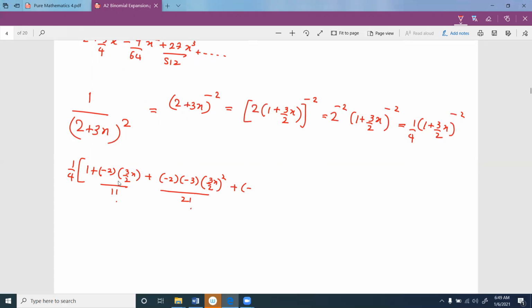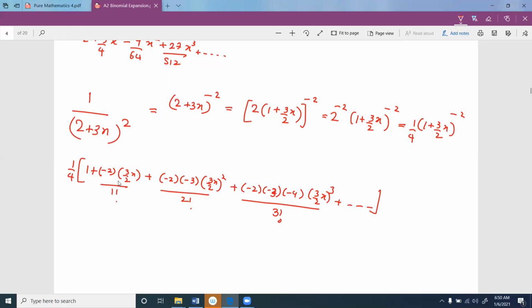Then n minus 1, n minus 2, times (3 over 2 x) to the power 3 over factorial 3. Hope you can understand how I get the factorial parts. Sorry, not the factorial, the terms. n is minus 2 here, so n minus 1 is minus 2 minus 1, which is minus 3, and n minus 2 is minus 2 minus 2, which is minus 4. That's how it comes, right?